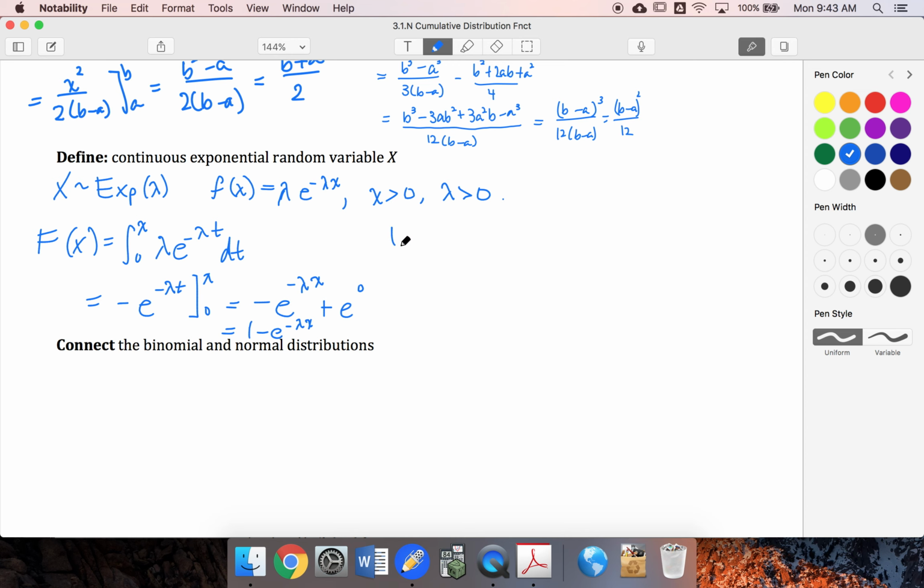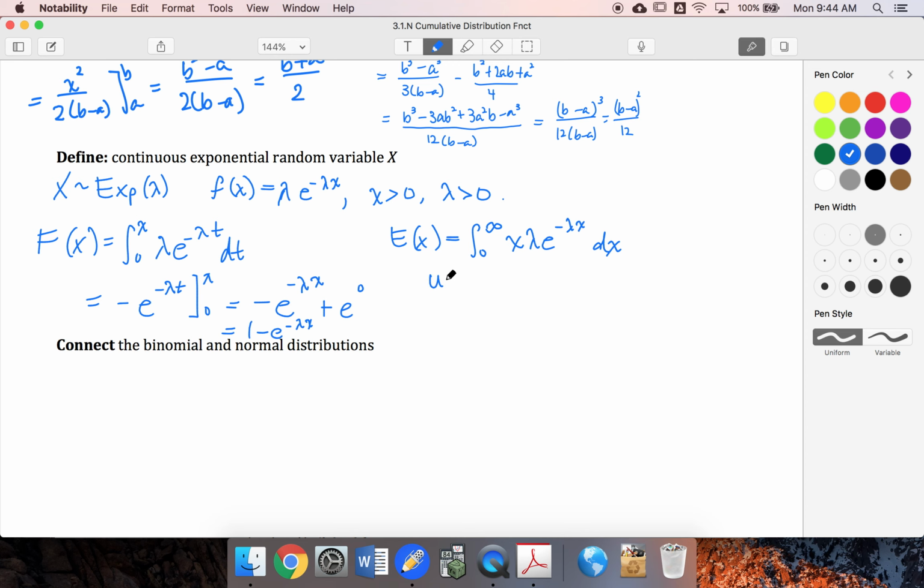If I want to find my expected value, then I'm going to take the integral. So this is for x greater than 0. I'm going to integrate from 0 to infinity of x lambda e to the negative lambda x dx. This is integration by parts.